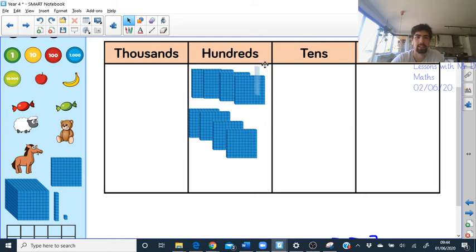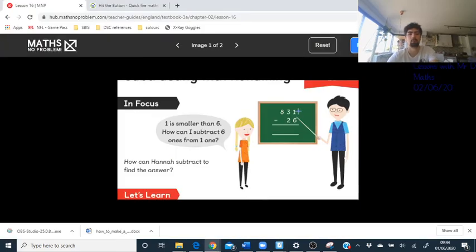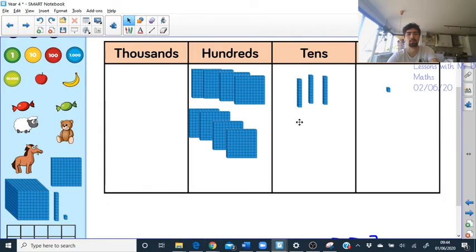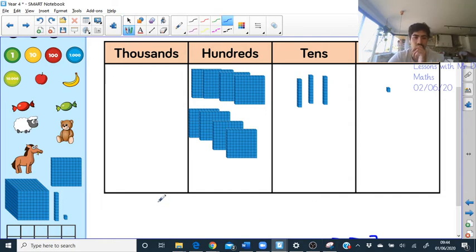No, this is not working now. 30, 3 tens, and 1 one. Right, my first part was 1, and I've got to take away 26. 831, take away 26.